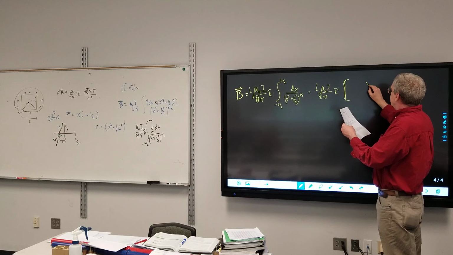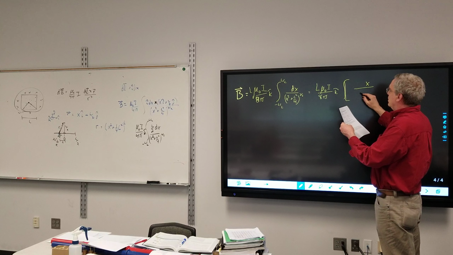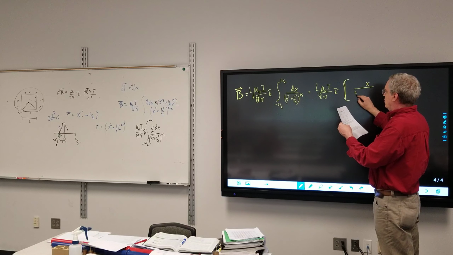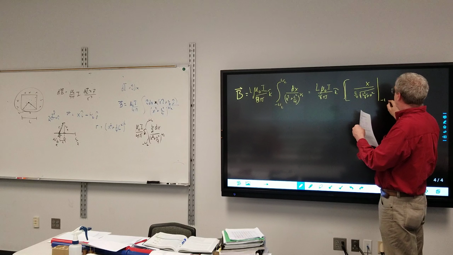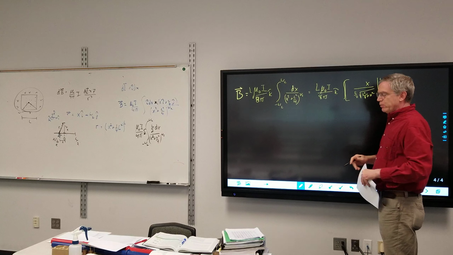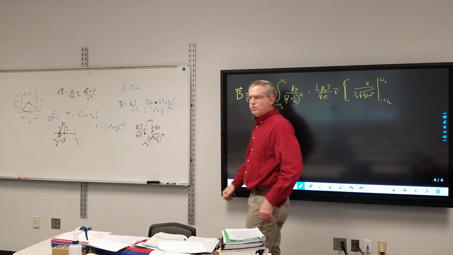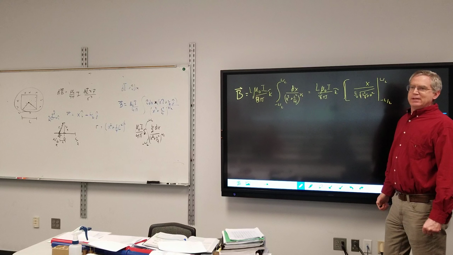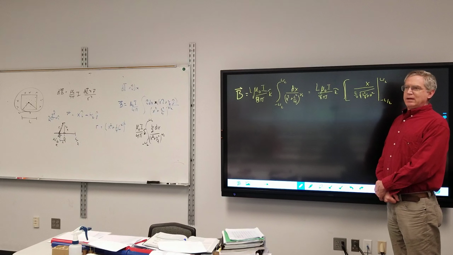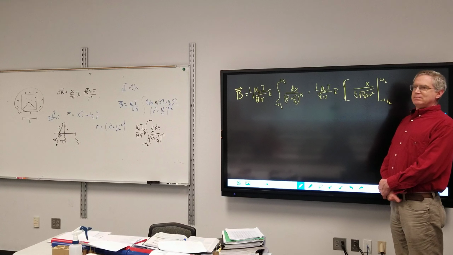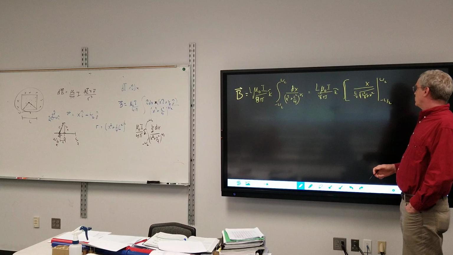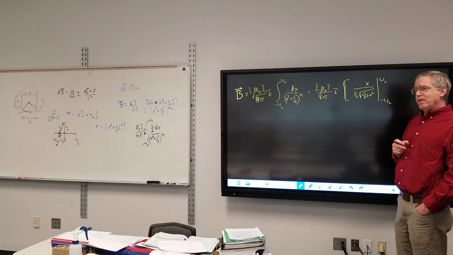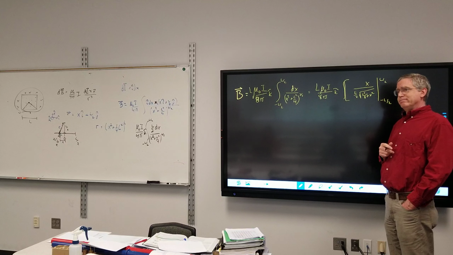So we get x on top, L over 2 square root L squared over 4 plus x squared from negative L over 2 to L over 2. If we were doing it the math way, how would you solve that integral? Probably trig functions. Yeah, it would indeed be trig substitution, but we're more sophisticated than that. The math people have done the grunt work for us, so we don't have to.